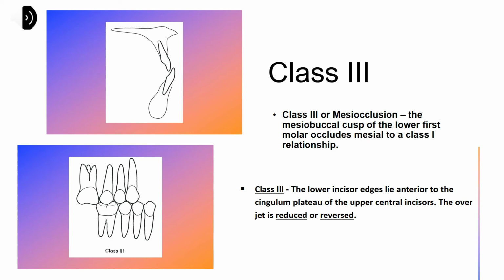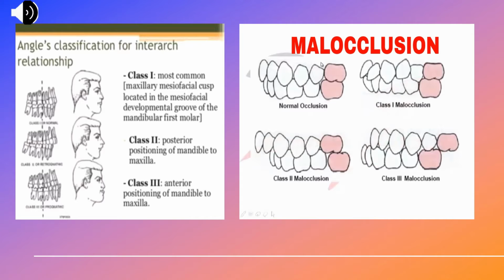And again, as illustrated, the same classification is used for Class 3. As we have looked at Class 1, Class 2, and Class 3 types of occlusion, this image illustrates the facial profile that we would see when we're looking at these types of classifications.